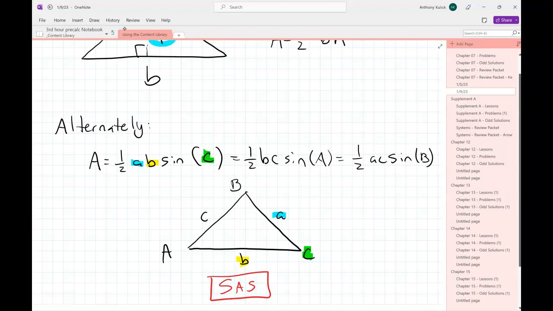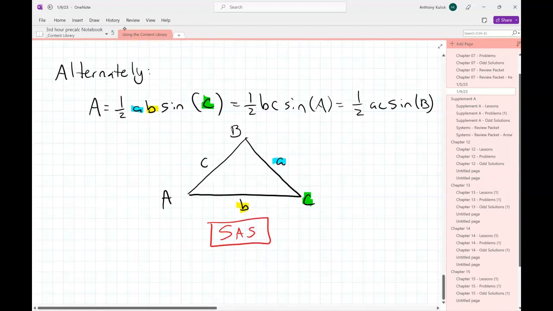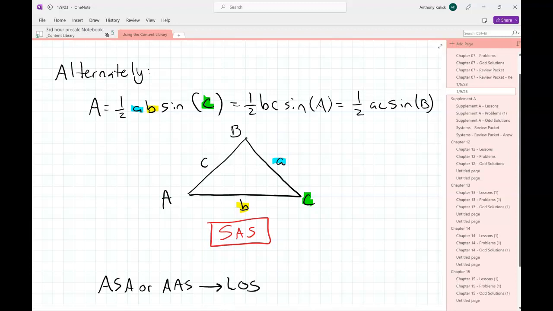What would you do if you're given like an angle, side, angle situation, where you don't have two sides? Well, we'll just do the law of sines to get a second side, and then I can use the formula from above.